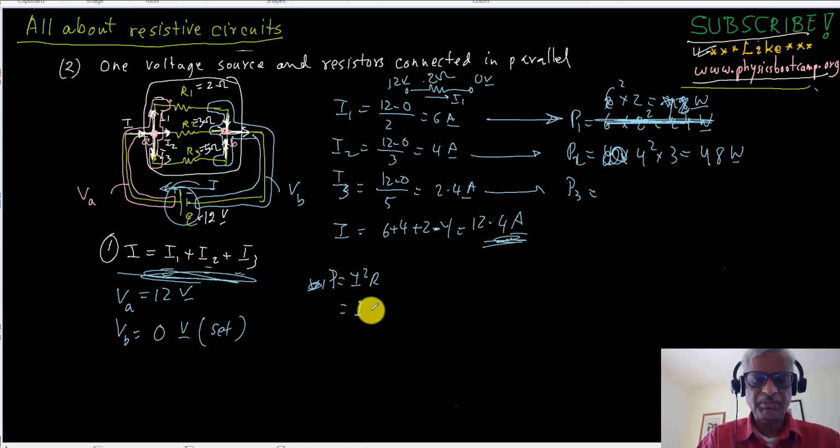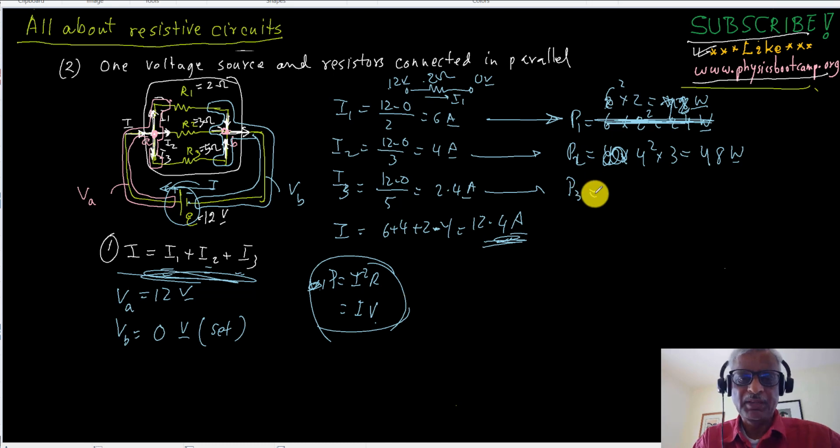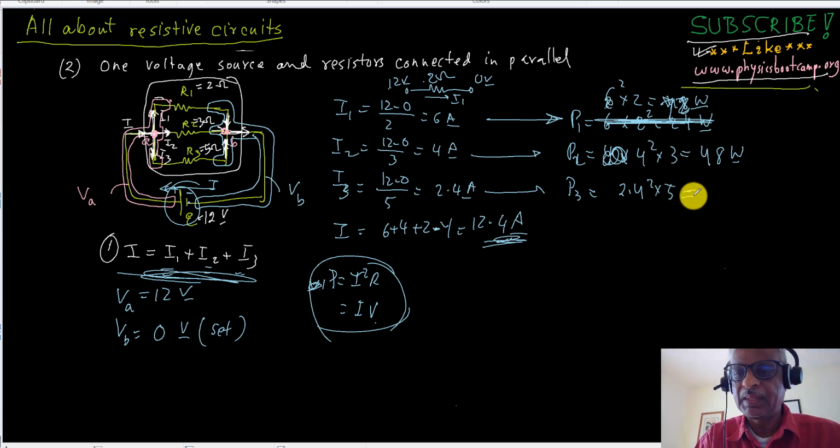And this P3 will be P is I squared R. You can also say I times V, if you remember that V equals IR. You should remember this formula. And this is going to be 2.4 squared times 5, so this is 28.8.